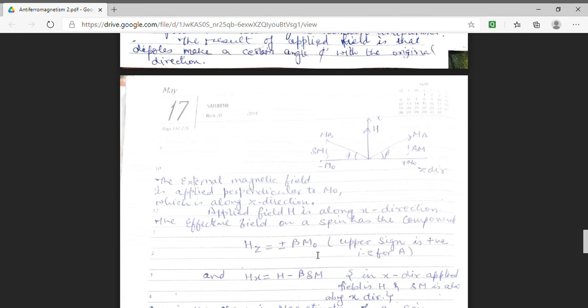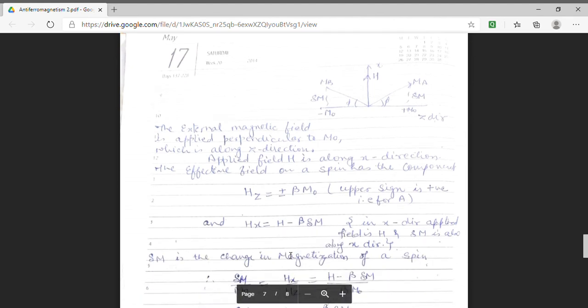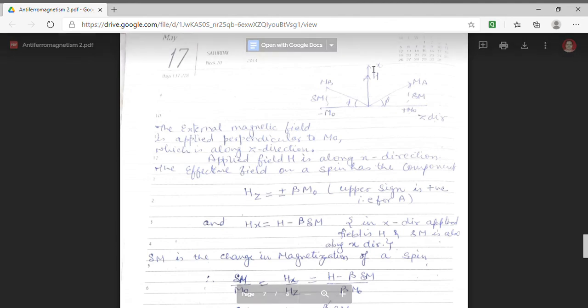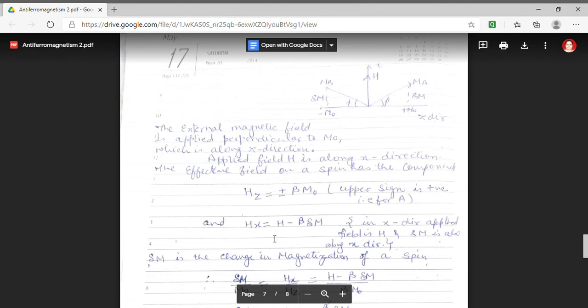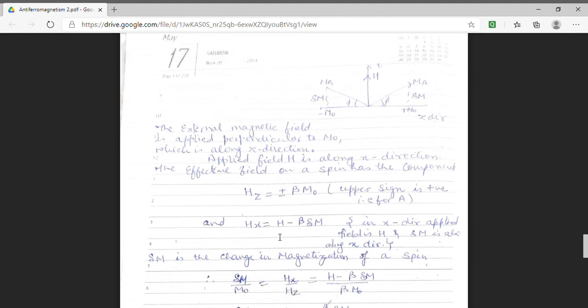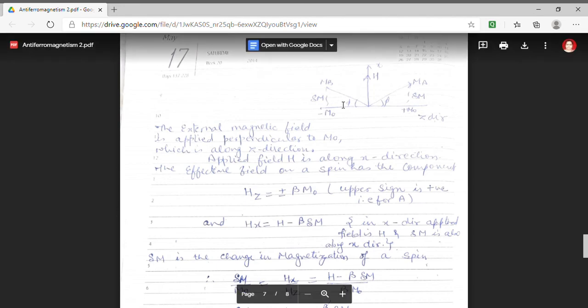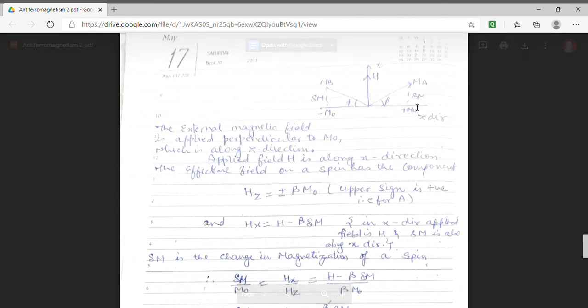And similarly, in the X direction, the field Hx will be equal to H minus beta delta m. Because we have applied the field along the x-axis, there is an additional term equal to H in this direction, and the change in magnetization, delta m, is also along the x direction. This delta m denotes the change in the magnetization.